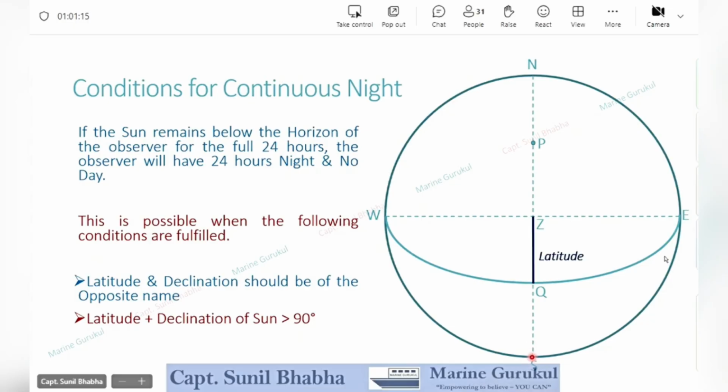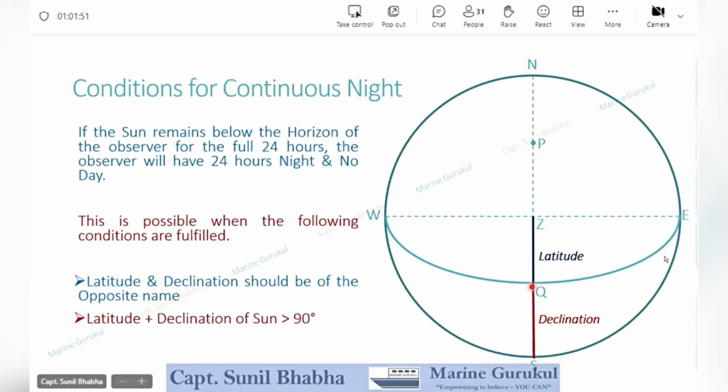But if the declination circle of the sun goes beyond point S or further south of point S, then in that case, the entire declination circle of the sun will remain outside our rational horizon and the sun will never come above the horizon. So let me show you in the diagram. If the declination of the sun is such that it has gone beyond point S or southwards of point S in our diagram, you can see the declination represented in maroon.